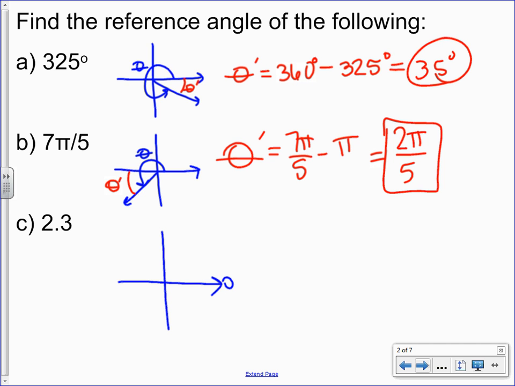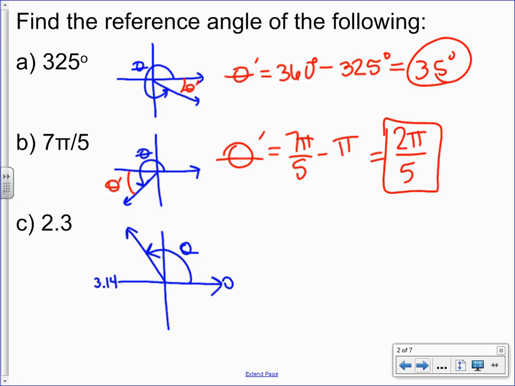Pi is approximately what? 3.14. Right? Which means pi over 2 is approximately 1.7-ish. So 2.3 is going to fall somewhere in the second quadrant.